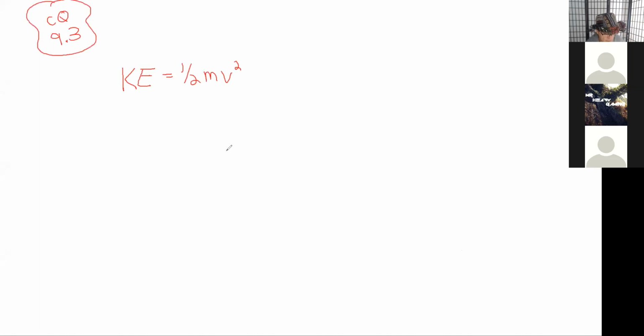So what we're told is that the mass of A was half the mass of B, and the kinetic energy of A was 8 times the kinetic energy of B, right? And we're looking for VA over VB.